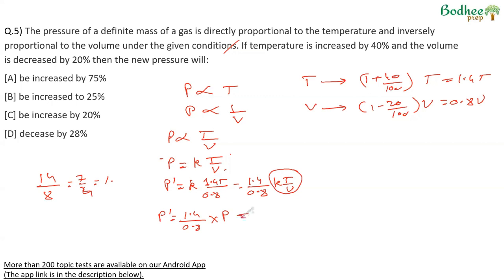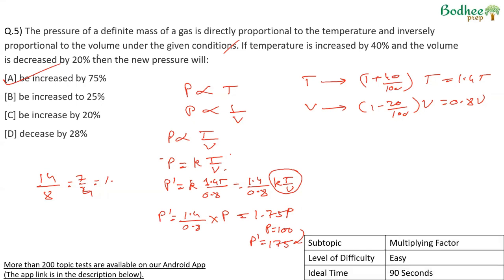So this becomes 1.75 P. If the initial pressure was 100, the new pressure will be 1.75 P, which is 175. So we can clearly say that there is an increase of 75%. Hence, because of the two changes, the pressure increased by 75%. Again, just putting the values and getting the fraction to get the answer. Easy question, not more than 90 seconds to solve.